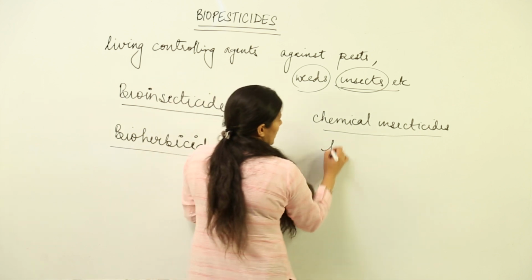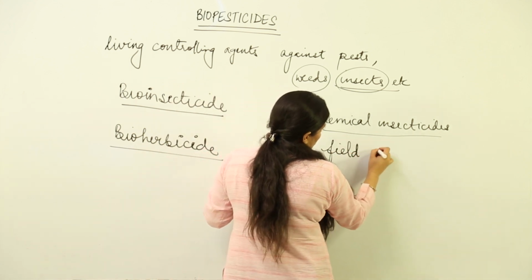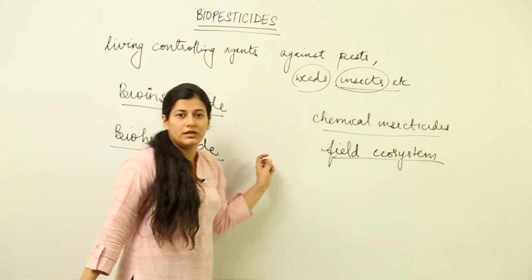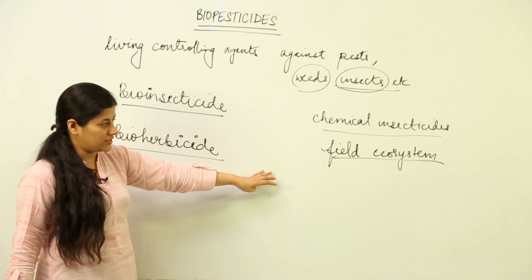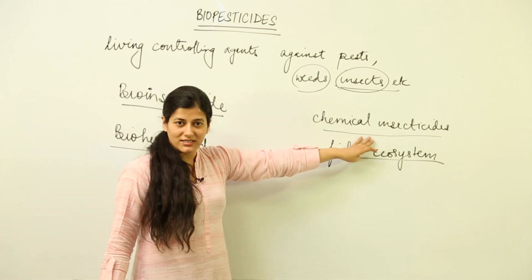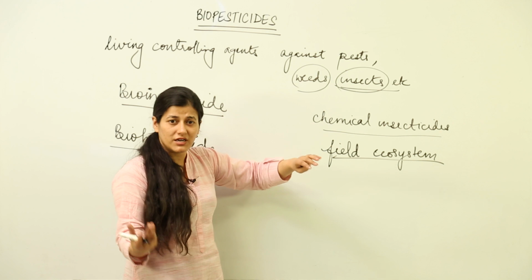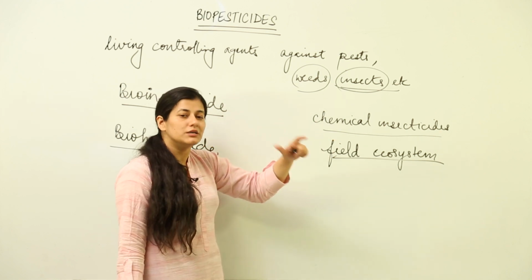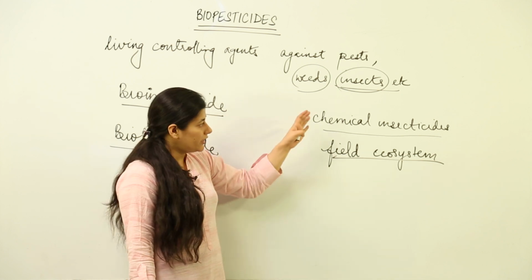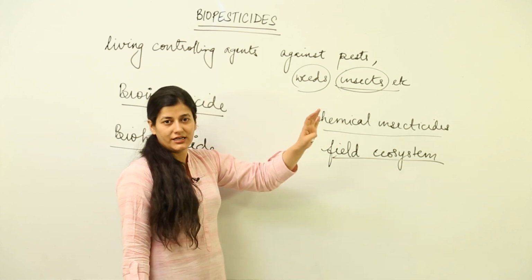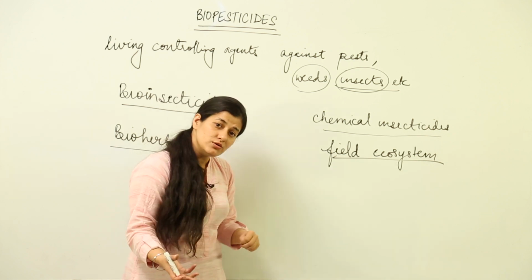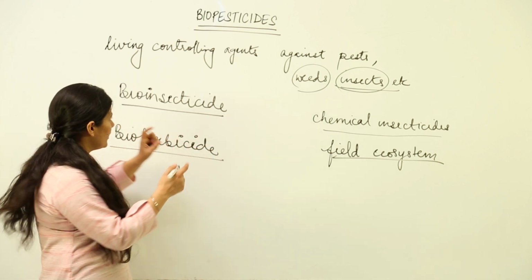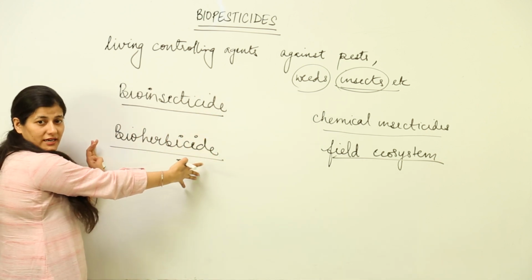Field ecosystems are affected to great levels by chemical insecticides and herbicides. Not only one variety, many varieties of plants could be consumed by a single chemical herbicide, or if you are using a chemical pesticide, many insects could be killed which are otherwise useful in the field ecosystem. So, in order to avoid that, a rather specific bioinsecticide and bioherbicide approach is used.